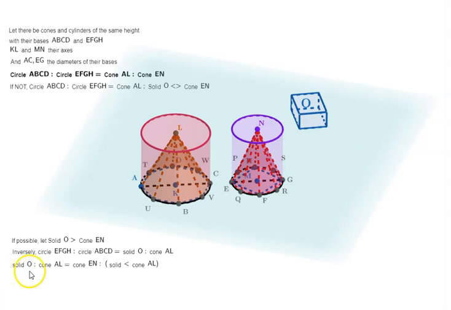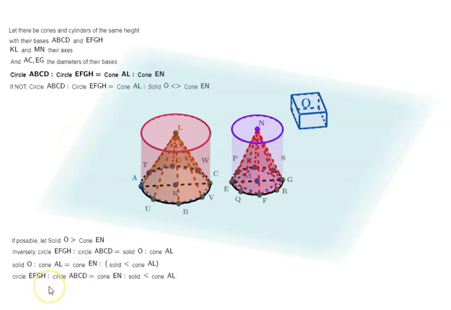Now solid O is to cone AL as cone EN is to a solid less than cone AL. Basically what we are doing is converting this proportion in such a way that we get the first case, and the first case we have already shown.